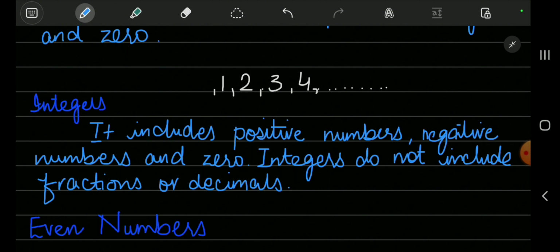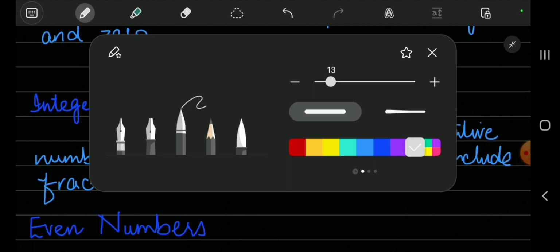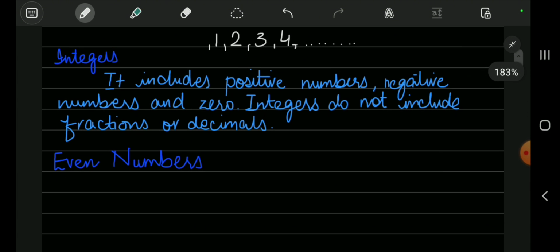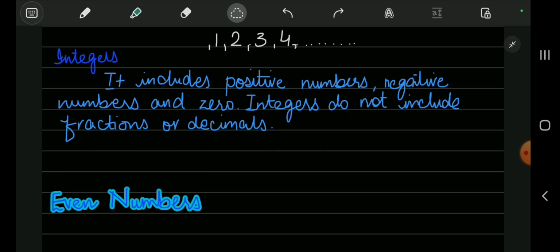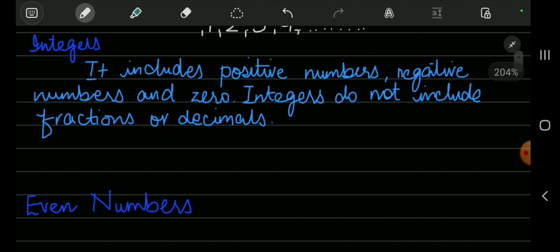Now writing their example: 0, all the positive numbers 1, 2, 3 and so on, and all the negative numbers.